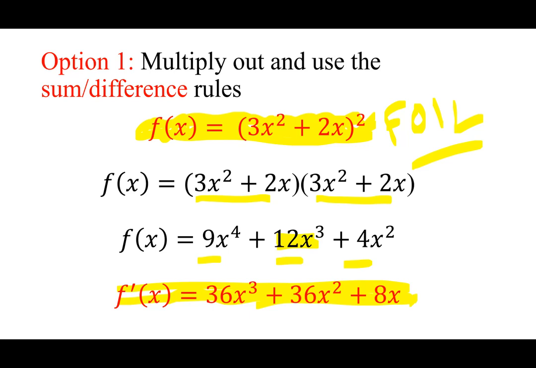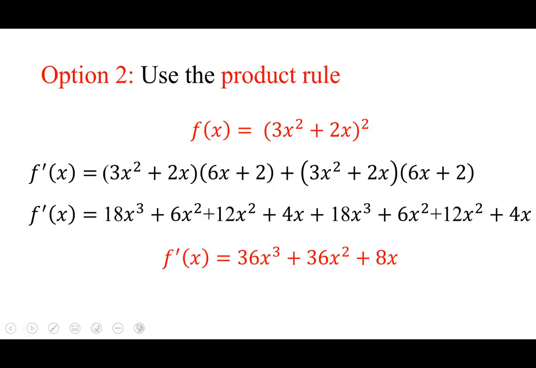Now, yes, we have seen problems like this before, but again, you weren't allowed to take the derivative in the form that the problem was given, so you did have to do a little bit of extra work. And again, the chain rule is going to allow us to be a little bit more efficient. That's option one, and it turns out there's actually a second option, and that's to use the product rule. So again, you would start by rewriting 3x squared plus 2x as two different copies, both of which would be the same.